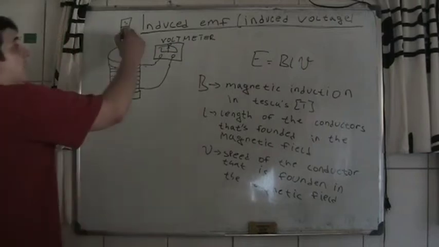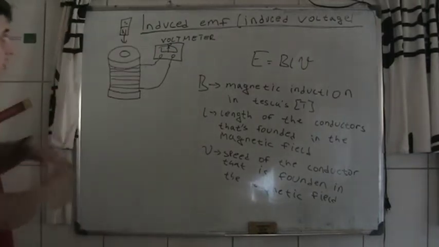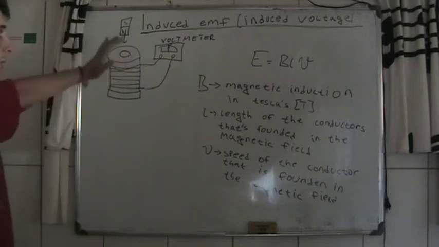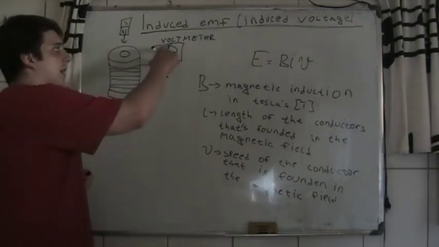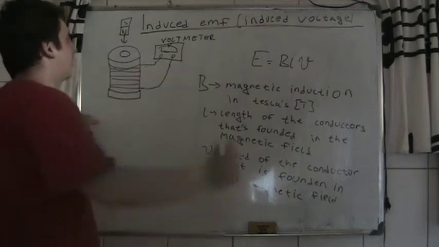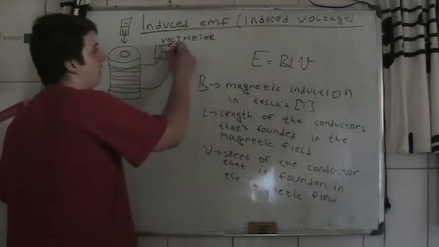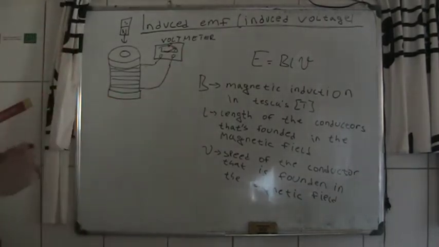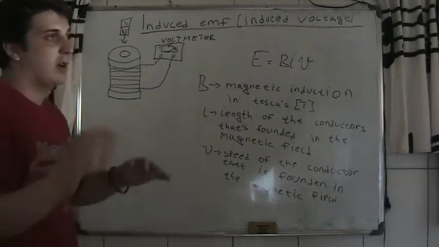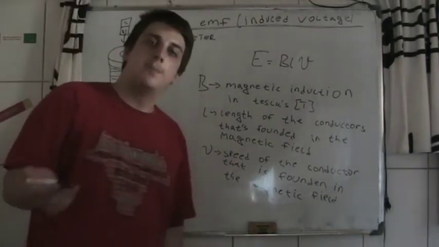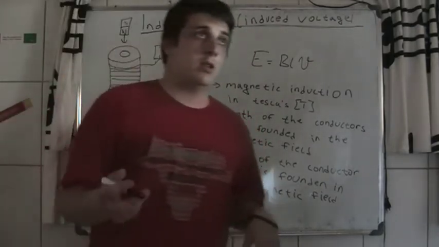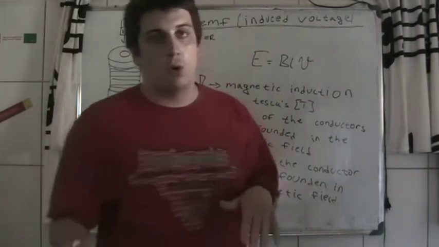So when you move a magnet into the solenoid or around it, then you will see that this voltmeter is going to show you that there is some kind of voltage, positive or minus. It all depends in which direction the voltage or the EMF shows.